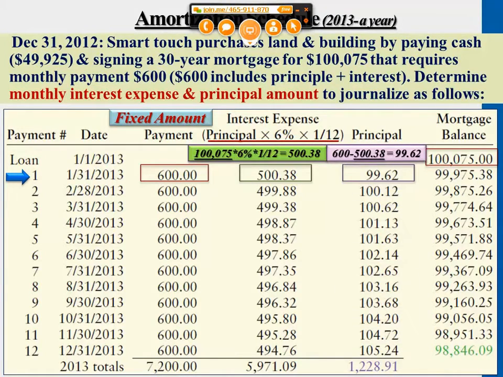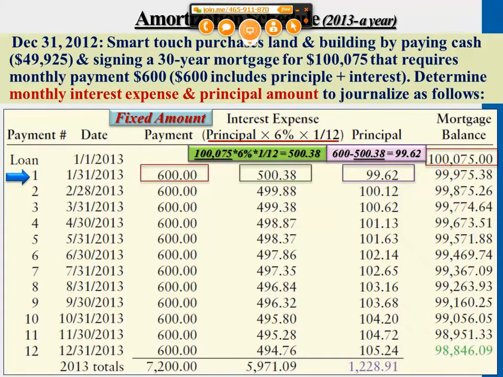The principal amount we're paying, we get after calculating interest and subtracting it from the fixed amount. And then it goes into this journal entry. This is the first month of payment. Credit cash 600. These two parts break down the 600 into interest payment and principal payment. Principal is referring to the original mortgage amount.